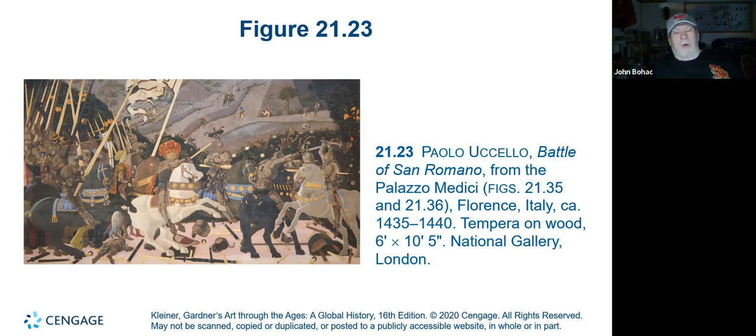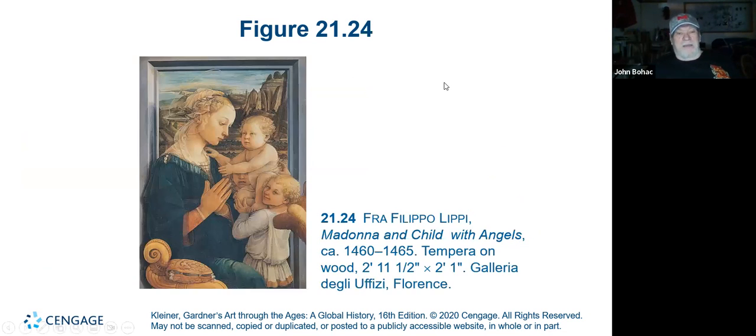And so that's what we're talking about. This is what happens in art. Bottom line, we see some more of that humanism emerging later in the century. And this is Madonna and Child with Angels.